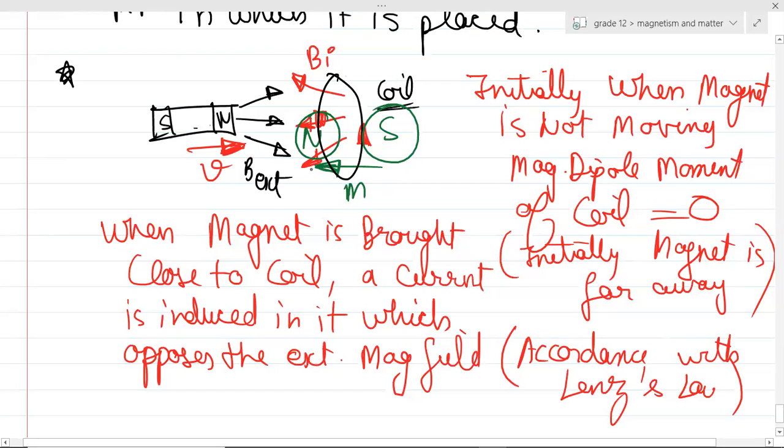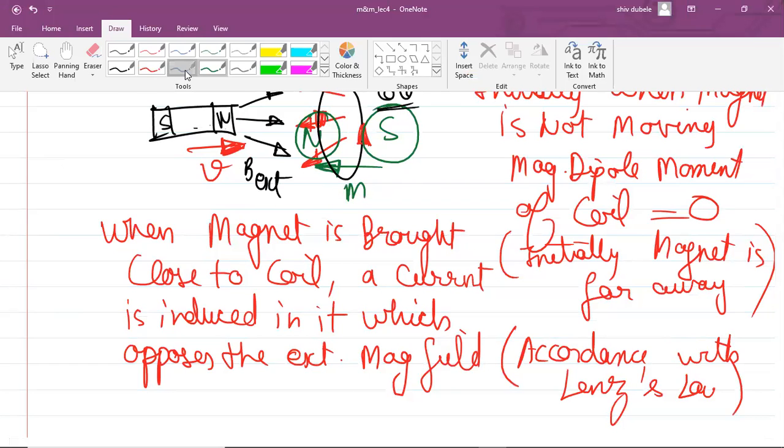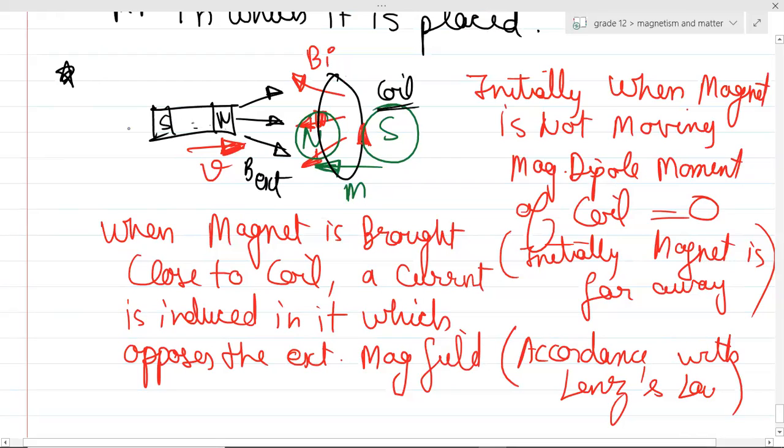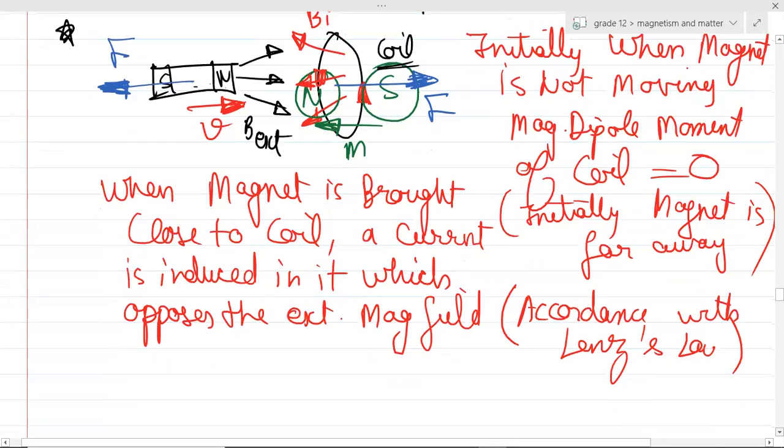This north and that north repel each other, due to which the magnet experiences a force trying to move away, and the coil also experiences a force trying to move in this direction, right? Yes or no?